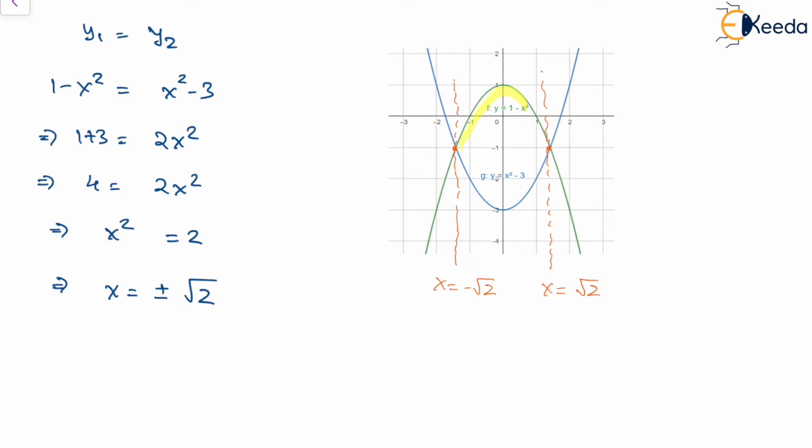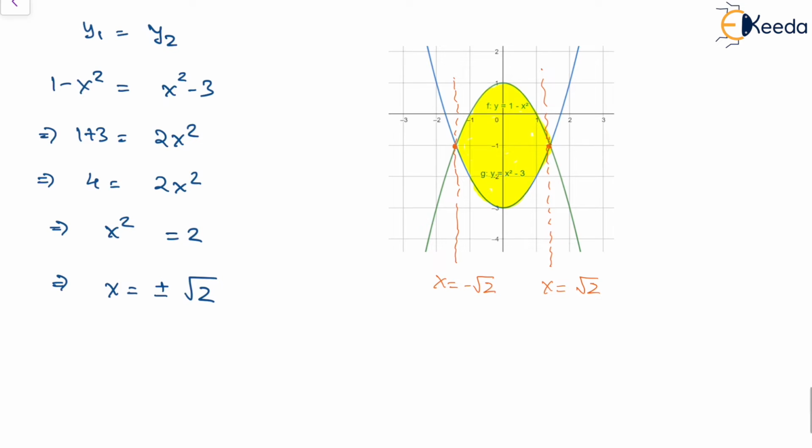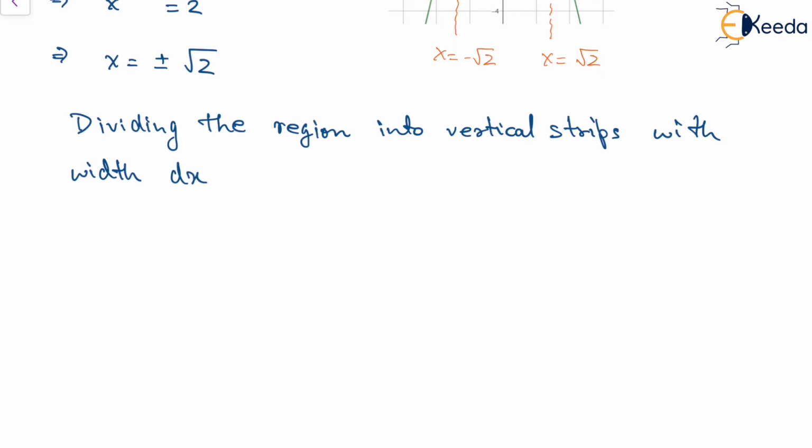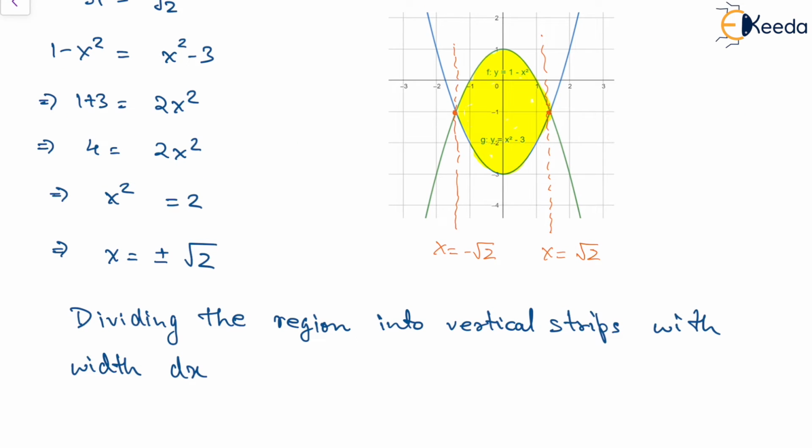The region enclosed is this one, and if you talk about again taking the vertical strip, like dividing the region here, so let's say we are taking something like this here.